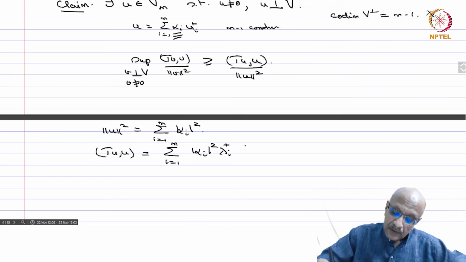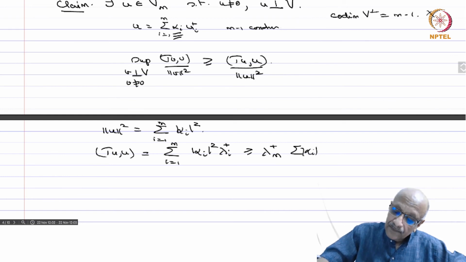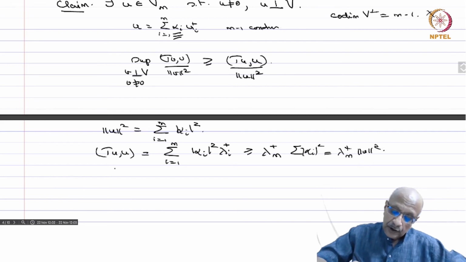Remember that we are numbering the eigenvalues in decreasing order, and therefore lambda 1 plus will be the biggest, and lambda m plus is the last. So this is bigger than or equal to lambda m plus into sigma alpha i square, which is lambda m plus norm u square. Therefore (Tu,u) by norm u square is greater than or equal to lambda m plus.